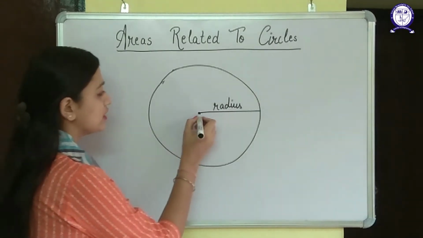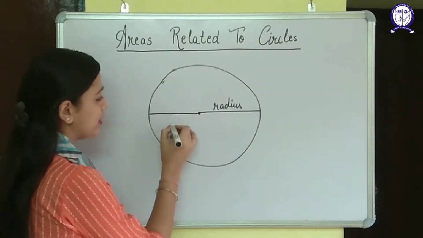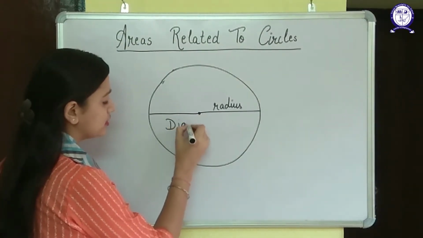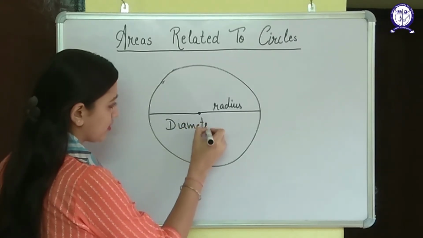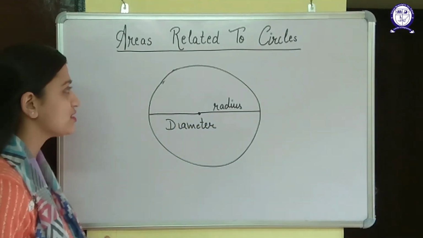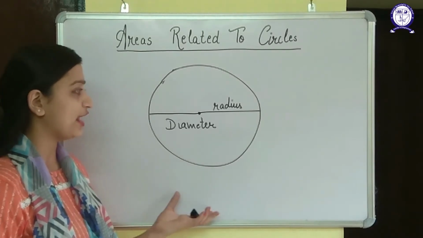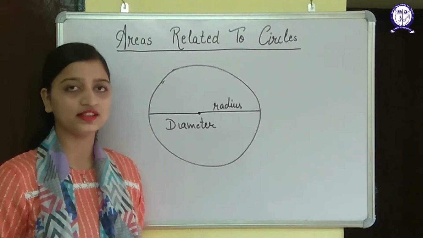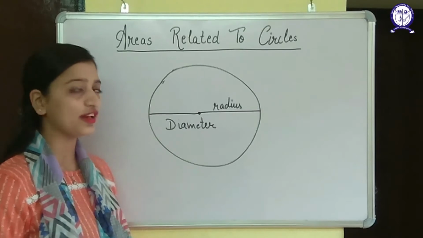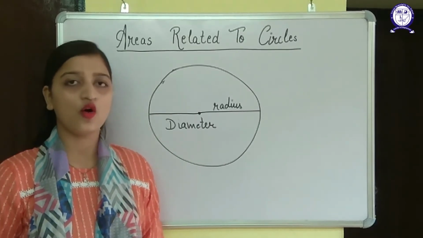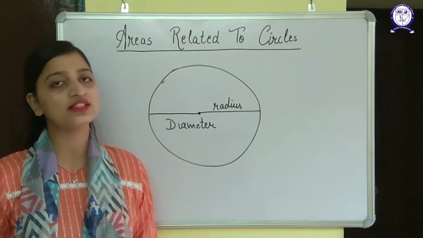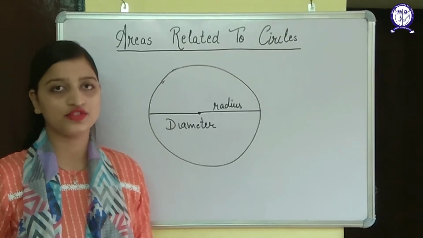If I draw this complete line, this will be my diameter. So this is the figure of a circle. There are many other things in a circle also, but for now we are going to understand the questions related to the circumference and the area of a circle.